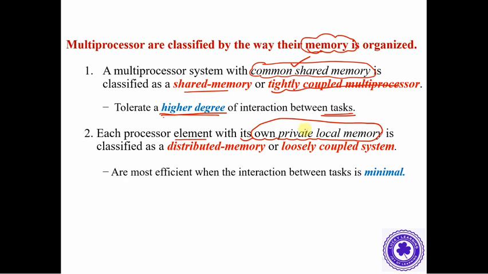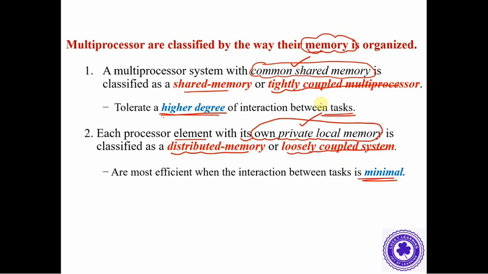In the case of the second one, the loosely coupled system, each processor has its own private local memory. That is classified as distributed memory, or we call it loosely coupled system. And in a loosely coupled system, each processor has its own local memory so that interaction between the tasks is minimal.